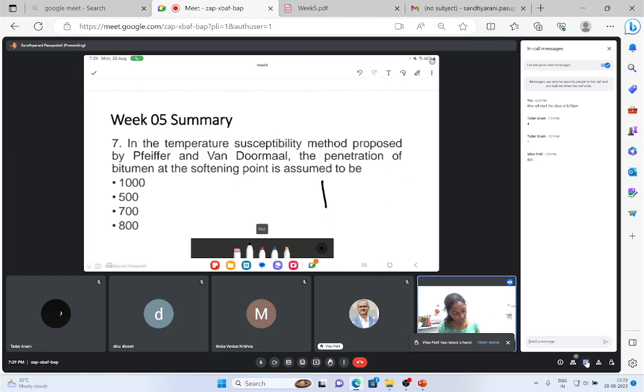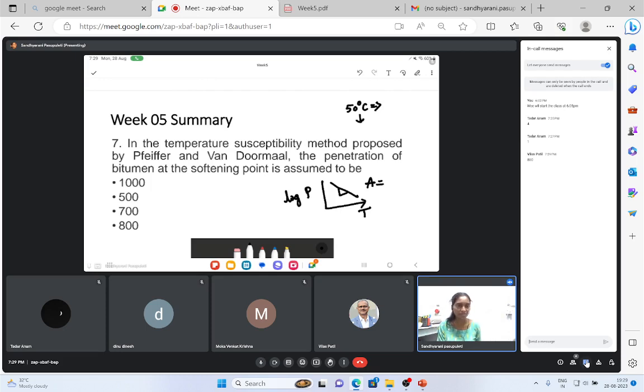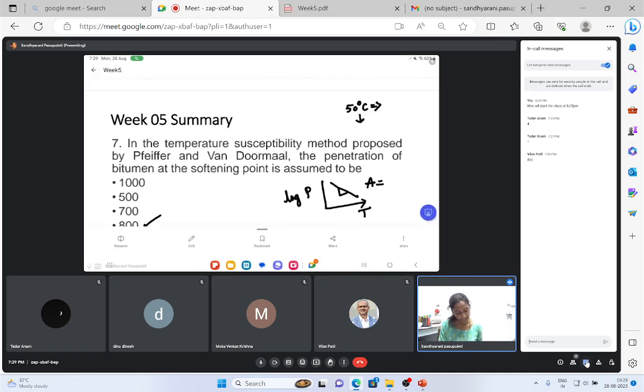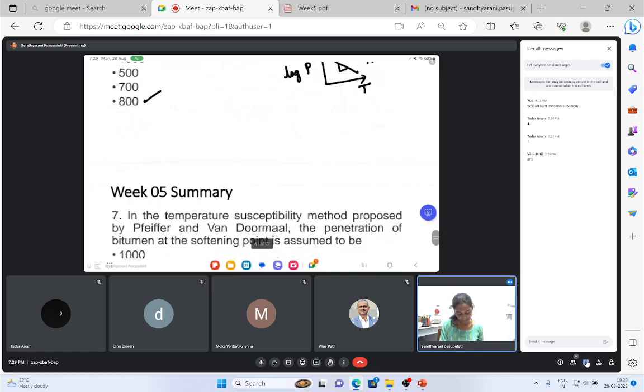So when I have a graph like this, log of penetration versus temperature, the slope is nothing but A. To calculate this, we have a formula which is an empirical method. In that, if you know the softening point of bitumen, let us say 50 degrees, you can directly calculate the penetration of the bitumen at the softening point, and another assumption they have made is that the penetration is 800. The option is 800.